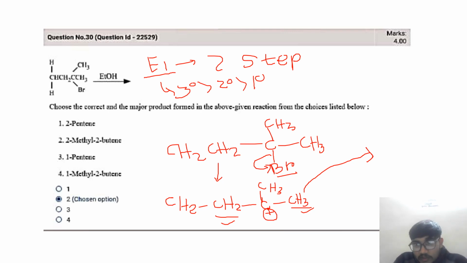I will give you the structure so you will get more idea. Here it is CH3, I mentioned CH2 by mistake. So it will give you a compound like this.